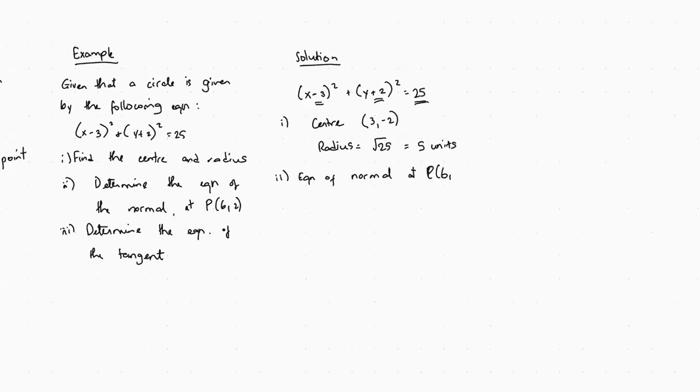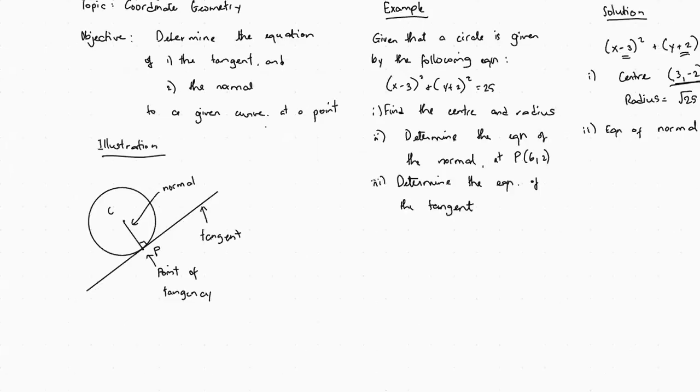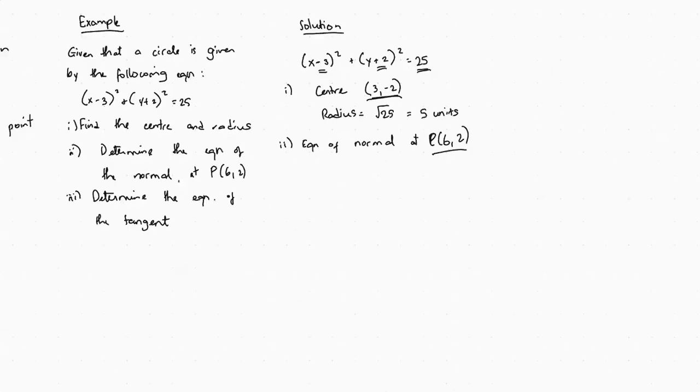Now, we have P and we have the center C. From our diagram, we can see P and C. So we can use C and P to get the gradient of the normal. So put P first, that's (6, 2). Put C, that is (3, minus 2).